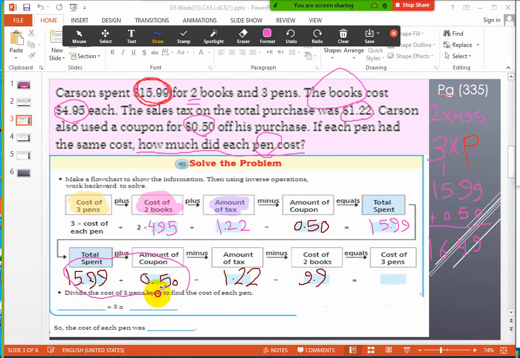Okay, what do I have to do now? The subtraction. So I have to subtract from this number 1.22. Let's subtract 1.22. 9 minus 2 equals 7. 4 minus 2 equals 2.